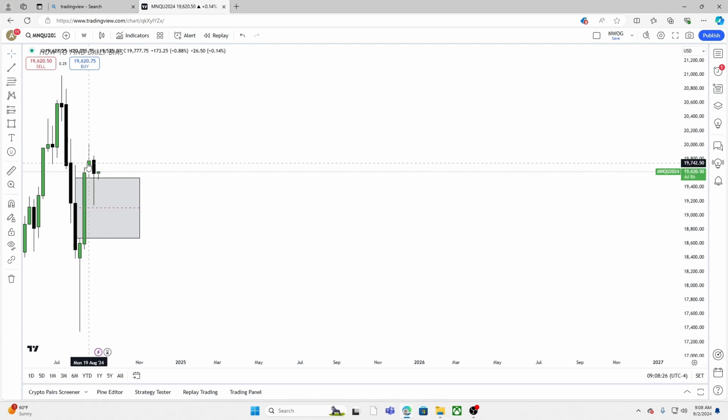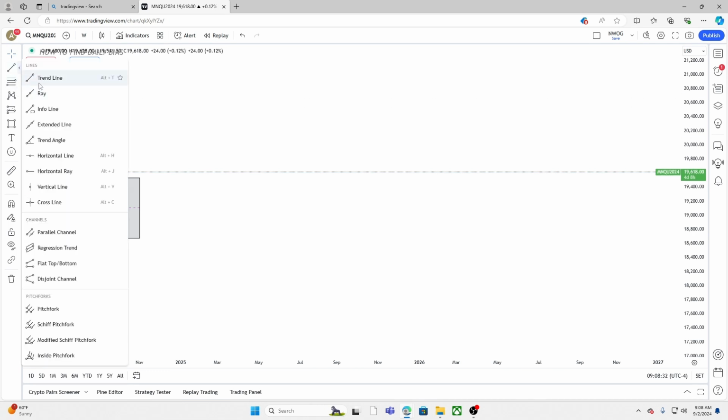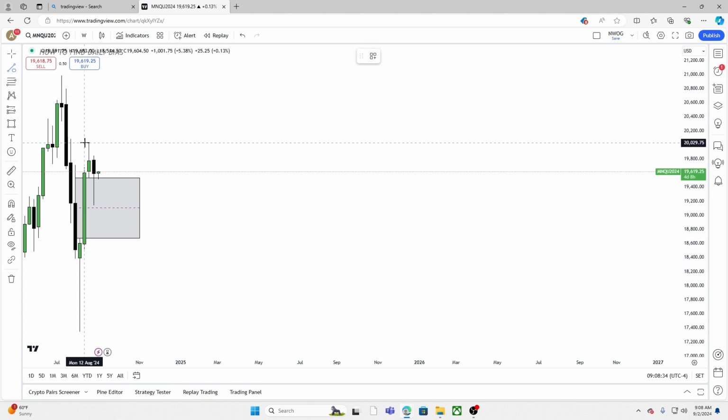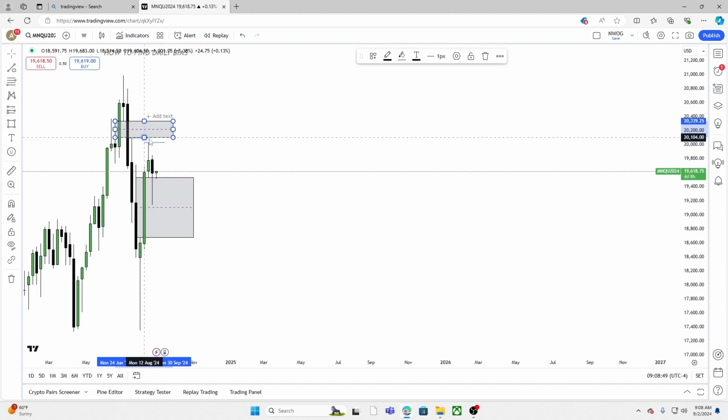And now, since price runs on liquidity, we have only a couple of targets left, which is this high and this high, going inside of this inefficiency. So I want to see price gravitate up to here for this week.